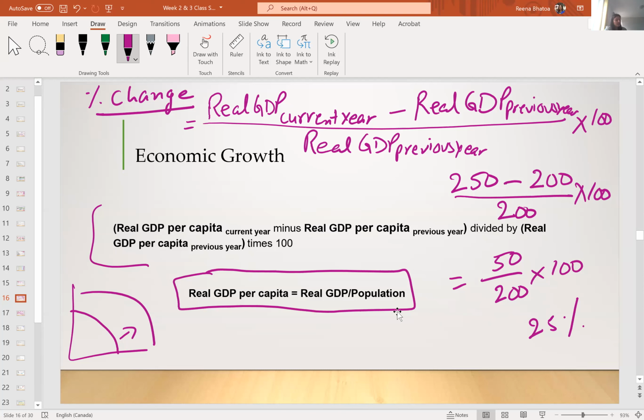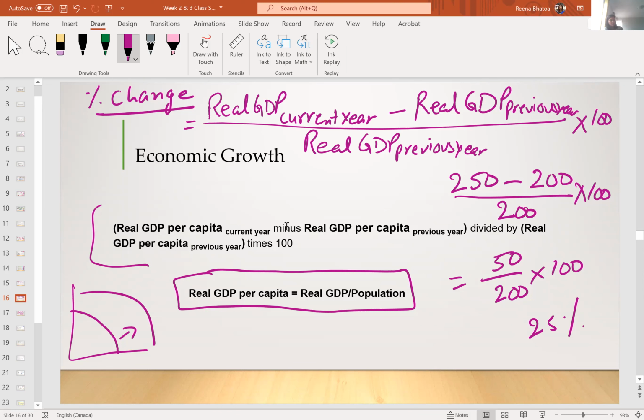Okay, and we calculate the growth rate using real GDP per capita. So here is the formula, same again, but the number we are using is real GDP per capita current year, subtract real GDP per capita previous year, everything divided by real GDP per capita previous year, everything times 100. Okay, that is economic growth.